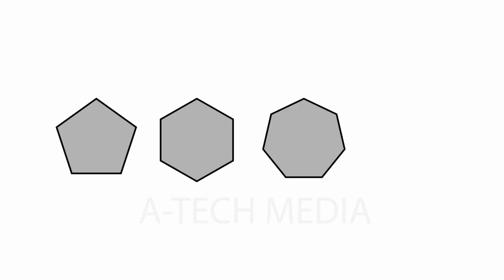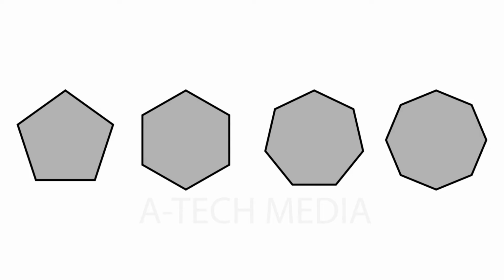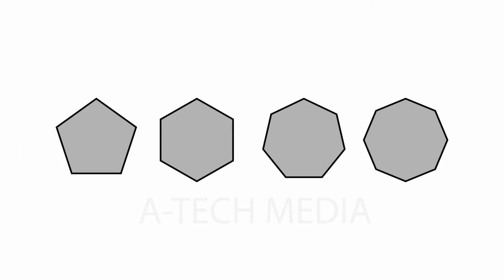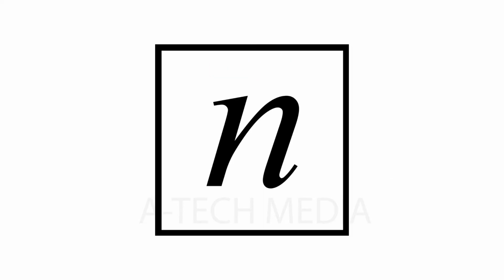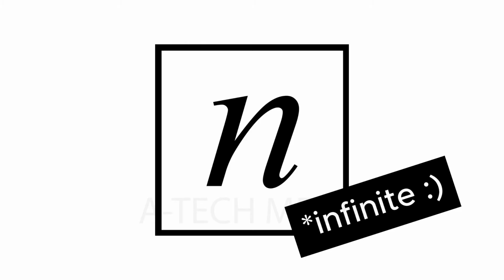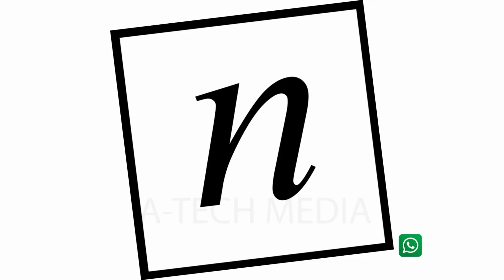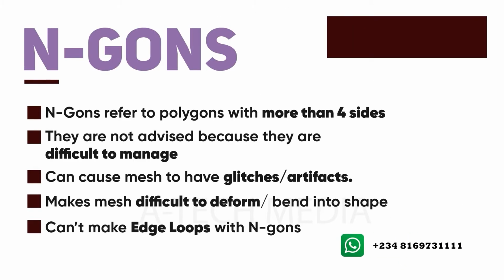So we also have 5 edges, we have 6 edges, we have 7 edges and above. However, in 3D modeling, anything higher than a quadrilateral is just called an n-gon. And if you remember the word n in mathematics, n just refers to unknown. So we say n number of things, because in 3D, it is not advised for your polygon or your face to have more than 4 sides.